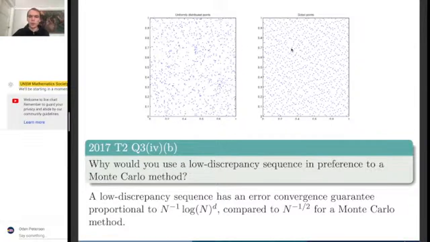So we can actually construct a deterministic sequence of points, which is a little more evenly spaced out.